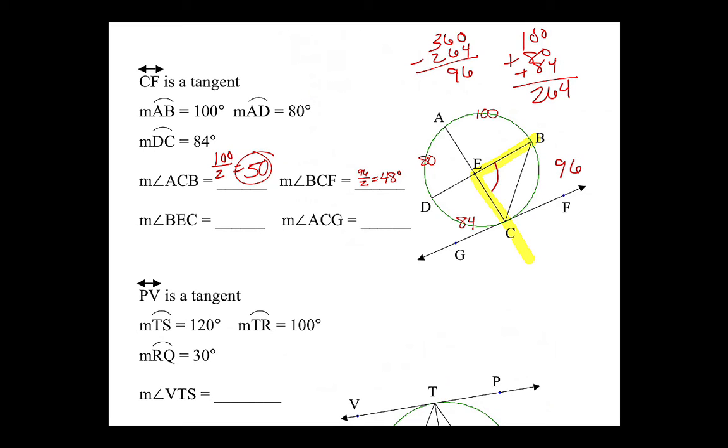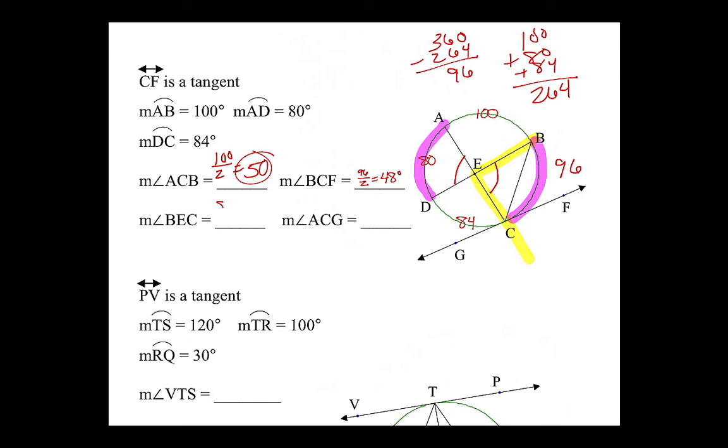So this angle has a vertical angle, and the two intercepted arcs that I'm looking for would be between B and C and A and D. So my job is to find the sum of those two intercepted arcs.